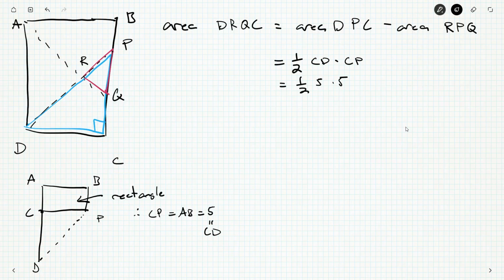So how can I figure that out? Let's see here. I know CP and CD are the same. They're both 5, but we've got a right angle here, and that's going to force these two to be 45-degree angles.